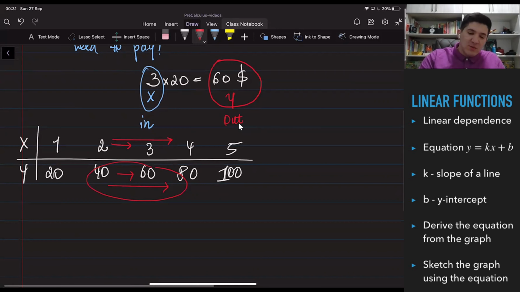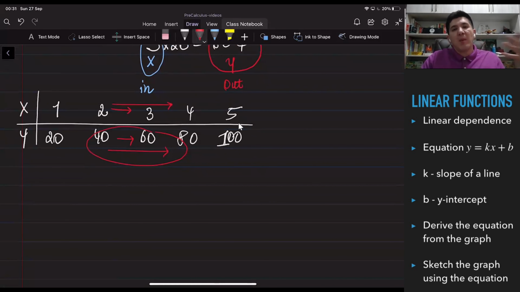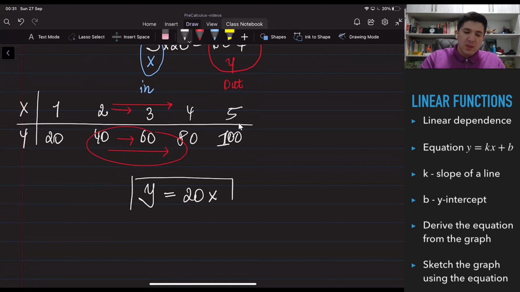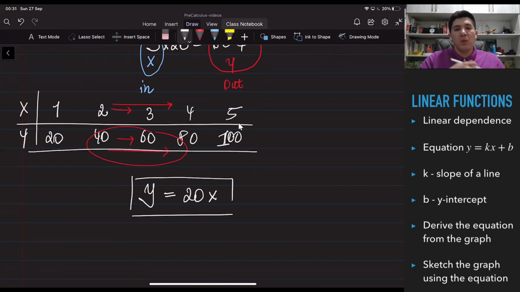If I would like to create the relationship between how much I need to pay and the number of nights which I would like to stay in a hotel, the relationship would be y is equal to 20x, isn't it? I can get every value in the y row by just substituting the values of the x row into this rule or equation.